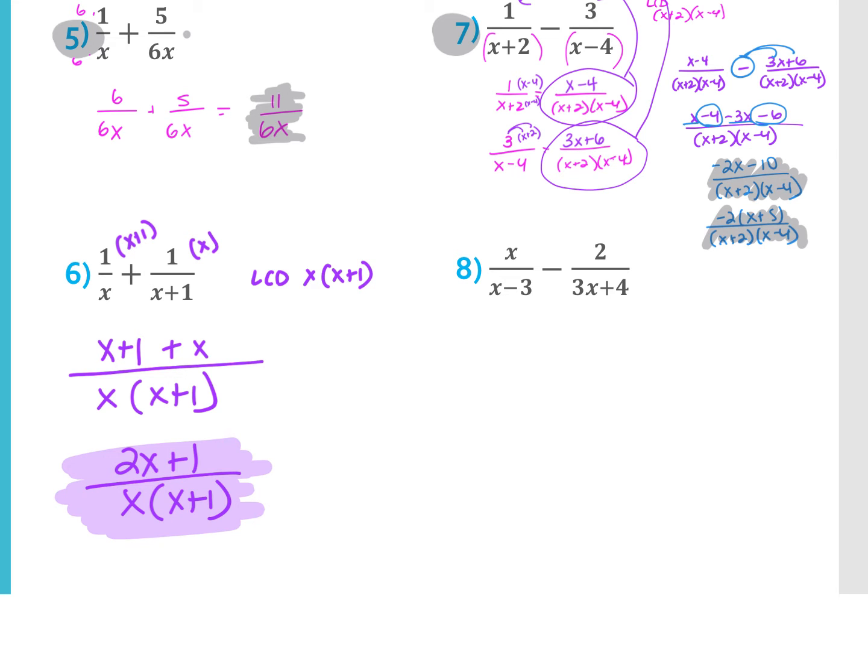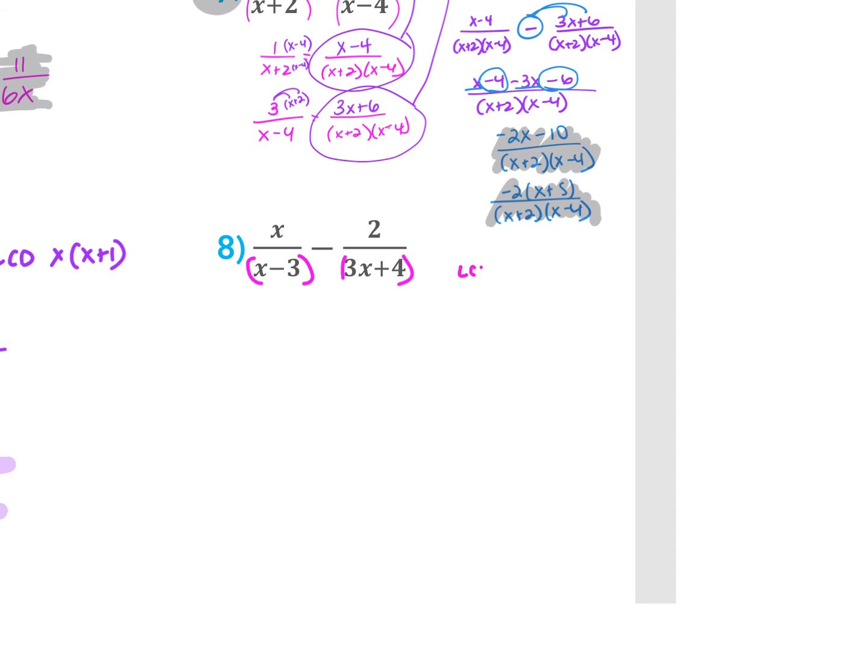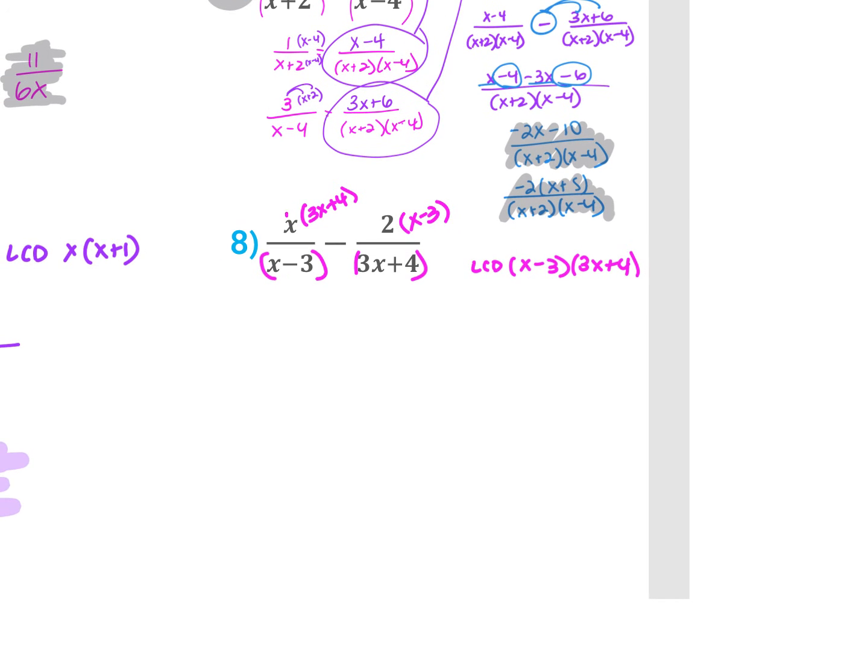For 8, these are two different terms. So the least common denominator is the combination of them, x minus 3 and 3x plus 4. So the first one's going to get the 3x plus 4 because that's what it's missing, and the second one, x minus 3. Distribute here, and I get 3x squared plus 4x.